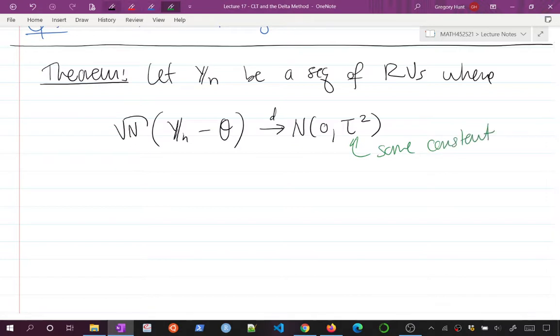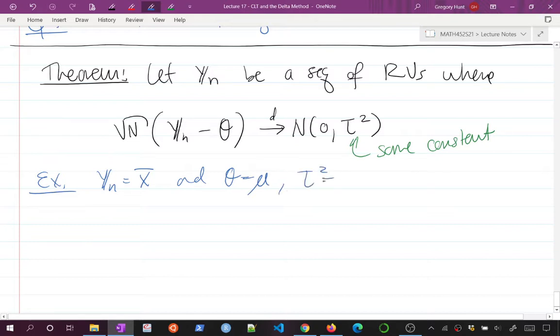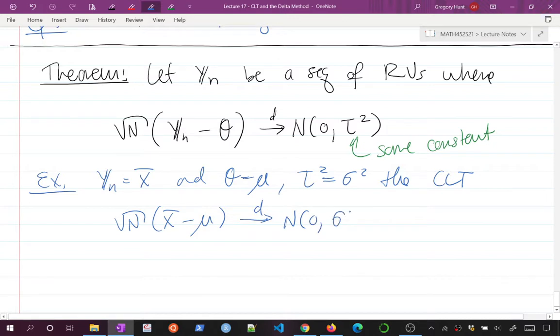This may be a weird way of stating it. Practically, for example, if Yn is X bar and theta is mu and tau squared is sigma squared, then the CLT always gives us a situation where this works, which is that root n times (X bar minus mu) converges distributionally to a normal(0, sigma squared), right?